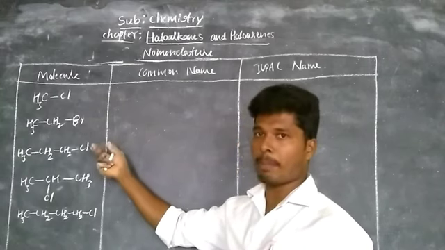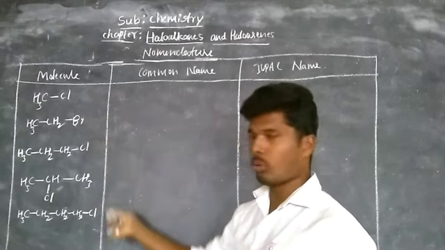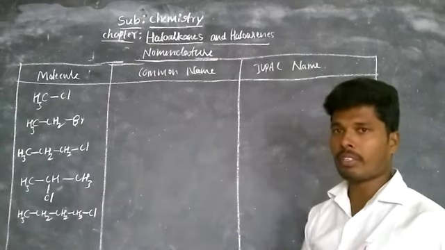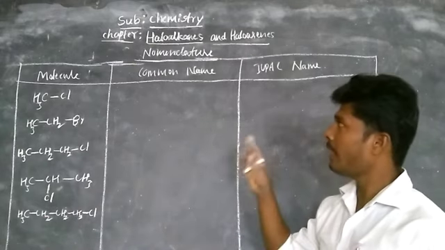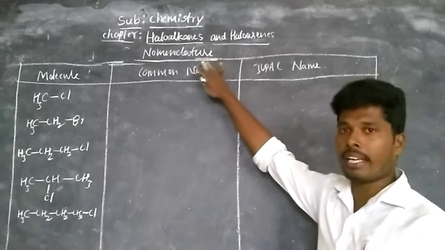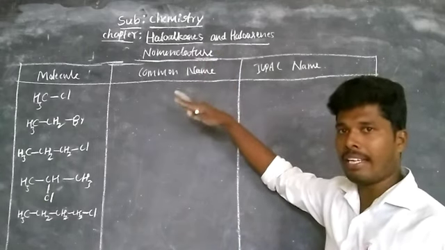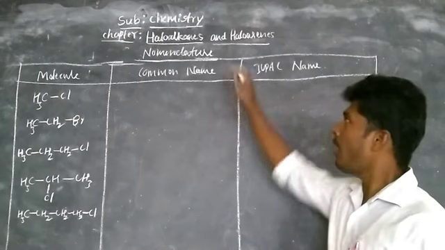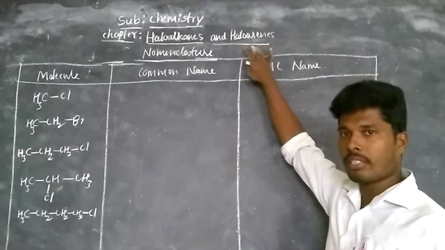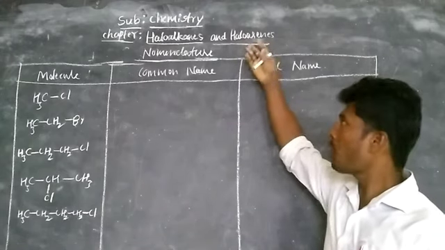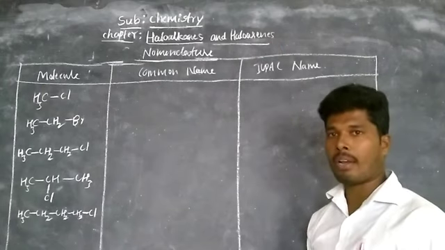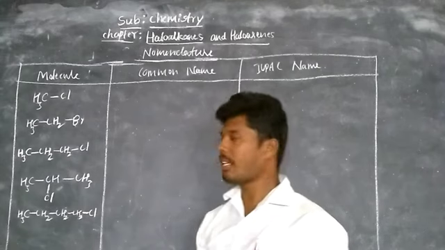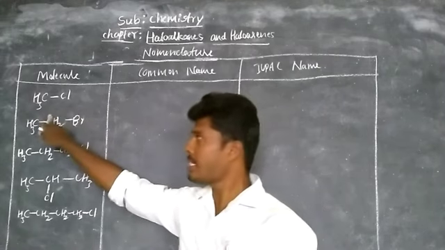and there are two words, prefix and suffix, and everything you know, we have applied while giving names one by one. Now here, alkyl halides are called haloalkanes in the IUPAC system, and aryl halides are called haloarenes. Now first one, take methyl chloride, that is CH3Cl.